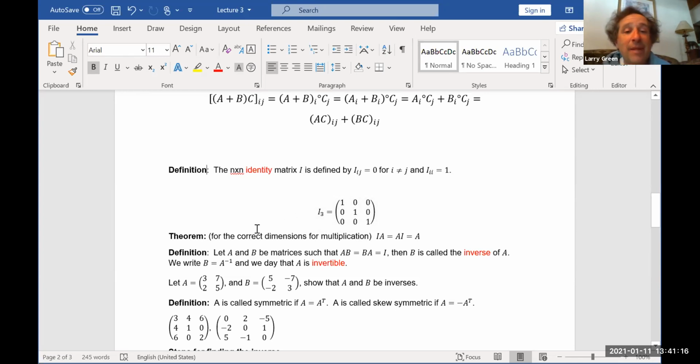Usually I'll just write I, but I want to emphasize this is for 3 by 3. And that is 1, 0, 0, 0, 1, 0, 0, 0, 1. Hopefully you agree that if i is not j, you get 0, and if i equals j, you get 1. So 1's on the diagonal, 0 everywhere else. Any questions on this definition?